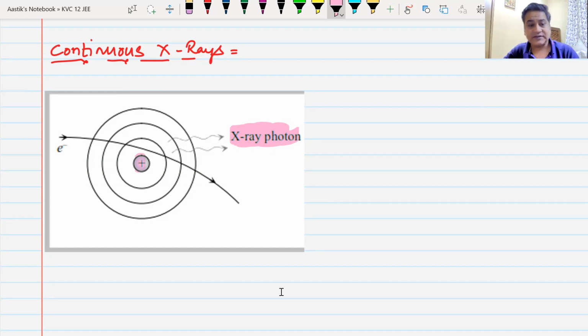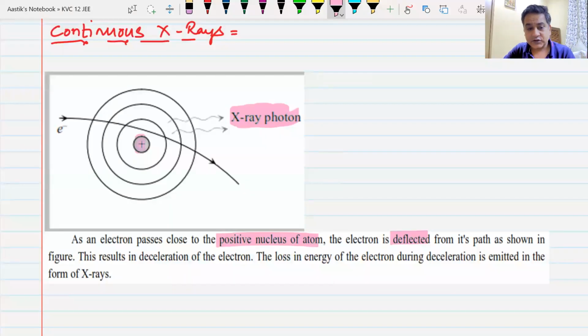The electron passes close to the positive nucleus of the atom. The electron is deflected from its path. You can see that deflection. This results in deceleration of the electron. This loss in energy is emitted in the form of continuous X-rays. Note this down. I'll give you 2 minutes.